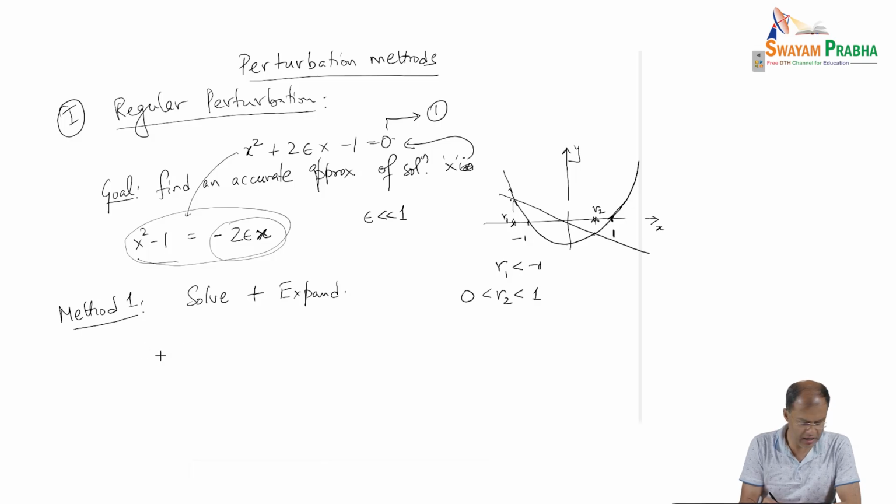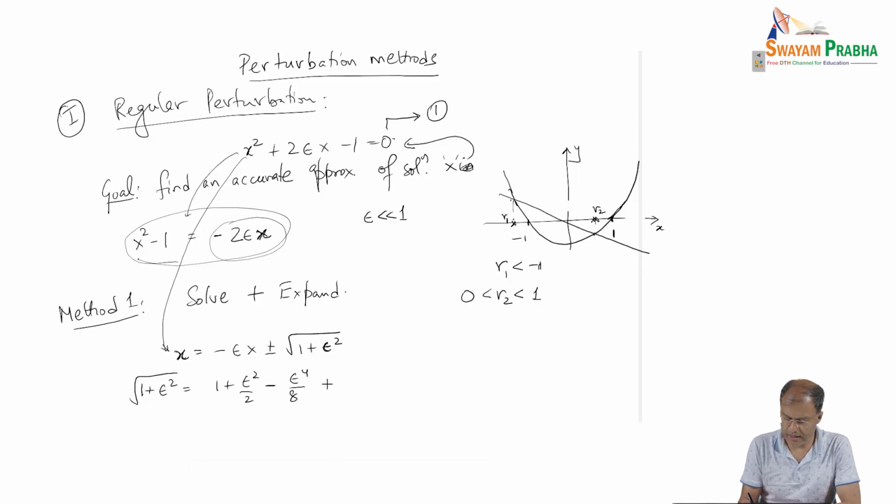So we can directly find the solution to this equation, and we see that the two solutions are x equal to minus epsilon plus minus square root of 1 plus epsilon square, right? And we see that 1 plus epsilon square under the root is 1 plus epsilon square by 2 minus epsilon 4 by 8 and so on. So we have used a binomial expansion in this square root.